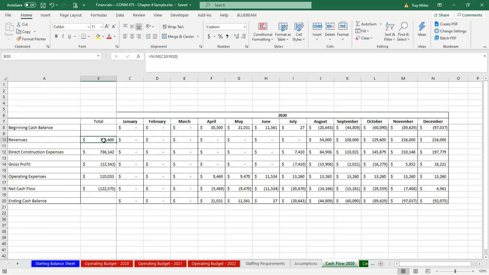Yeah, so sometimes I actually hide this column. Sometimes I like to see it. This total is my total revenues for 2020. This is my total direct construction expenses for 2020. That's my total gross profit. So it is kind of nice to do this.